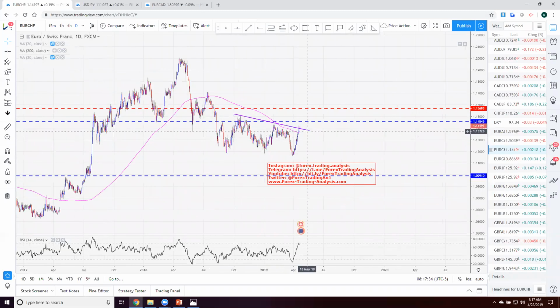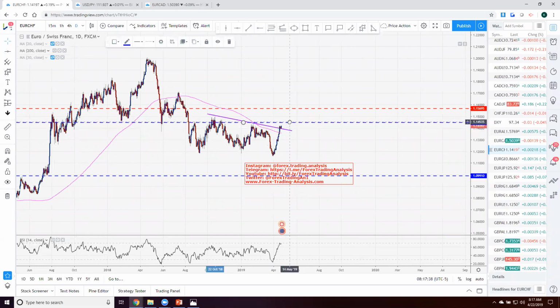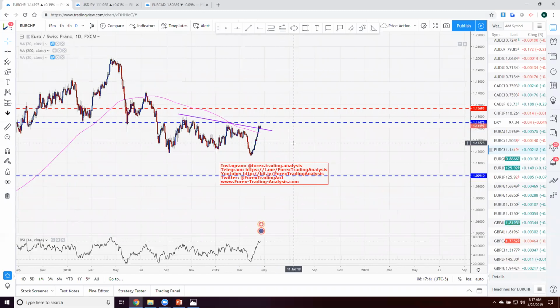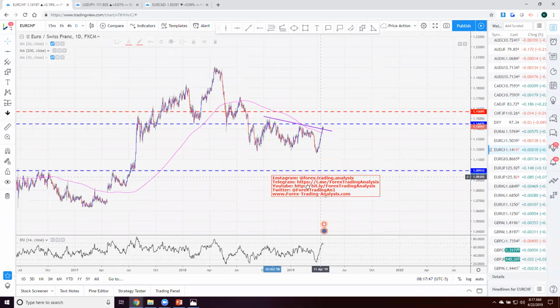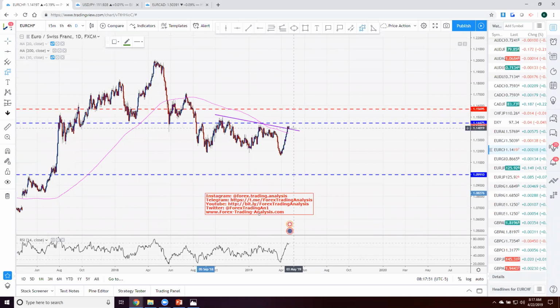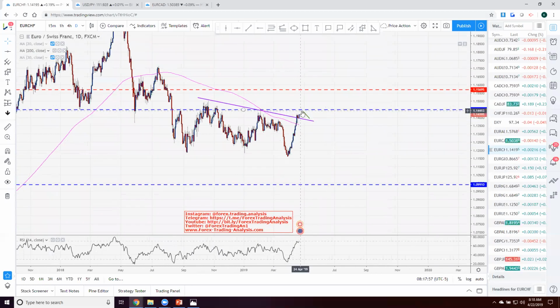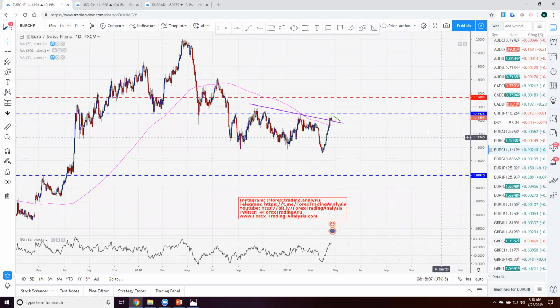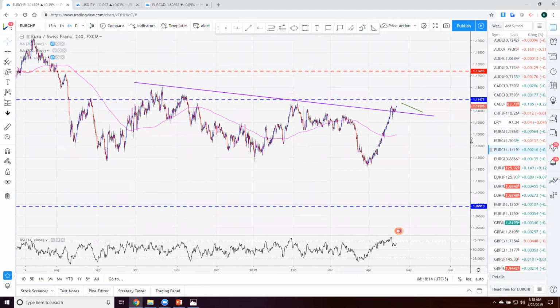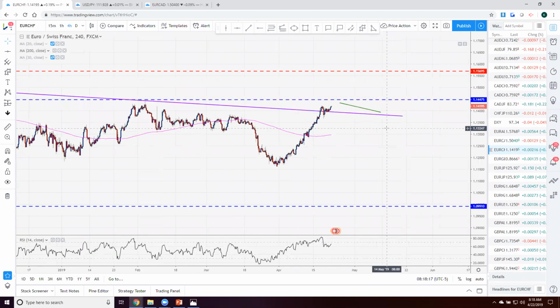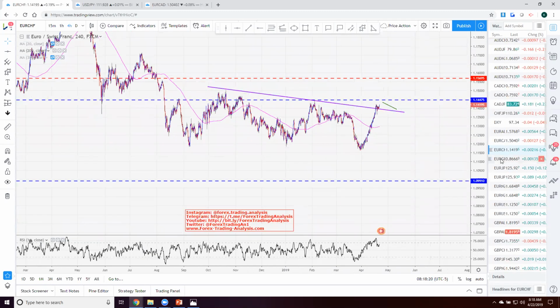So we could be looking at a retest of this resistance before seeing anything happen. So potential drop in there.